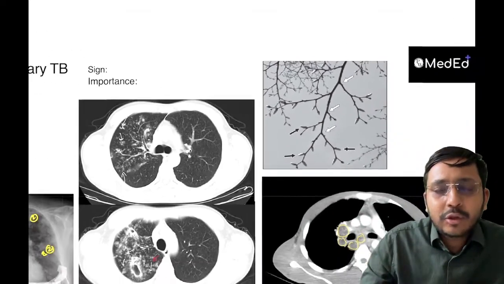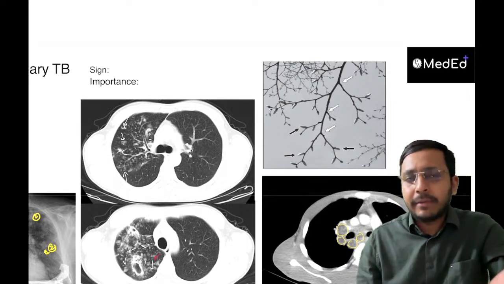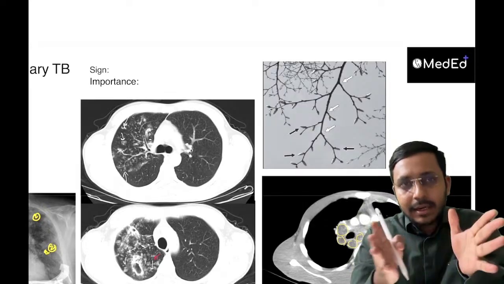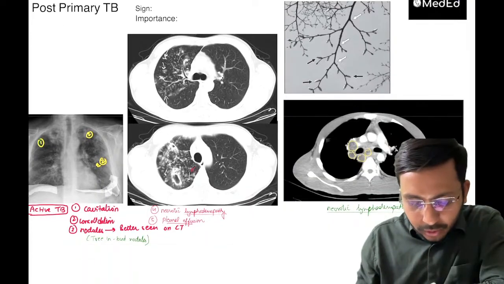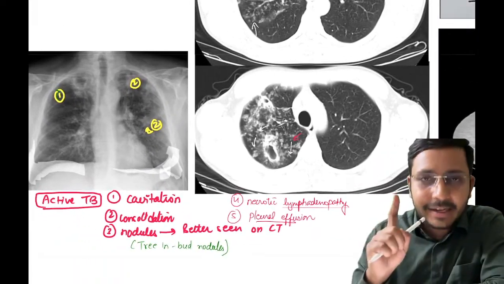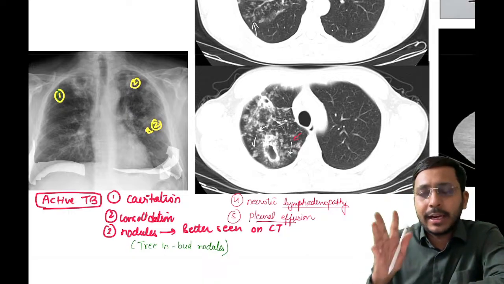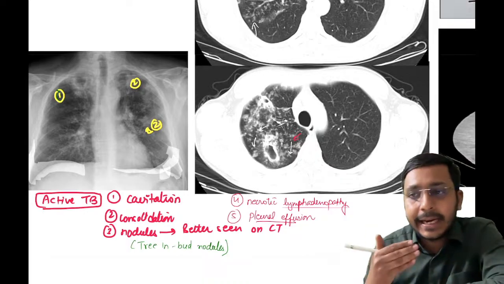So this is the appearance of tree in bud nodules, and this is seen in endobronchial spread of TB. Whenever the TB bacteria spreads via bronchi, it gives a tree in bud appearance. So very important to know the active TB findings. If you see cavitations, consolidations, nodules, pleural effusion or necrotic lymphadenopathy, you are dealing with an active TB, and this patient needs an ATT.